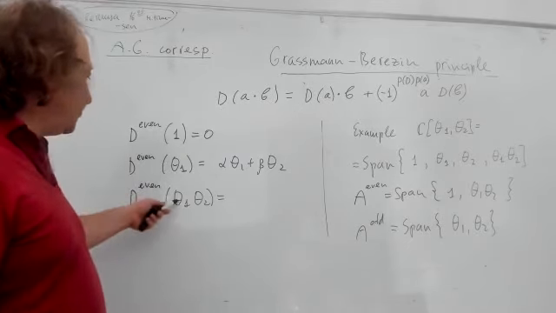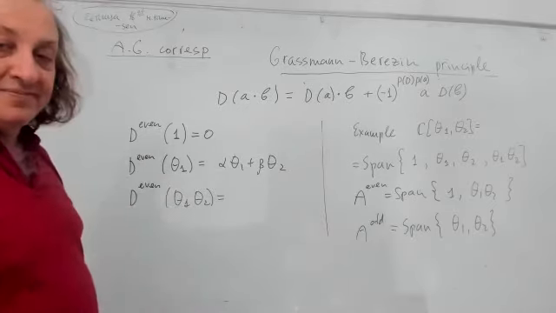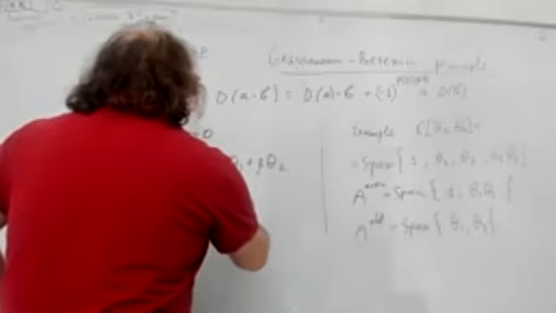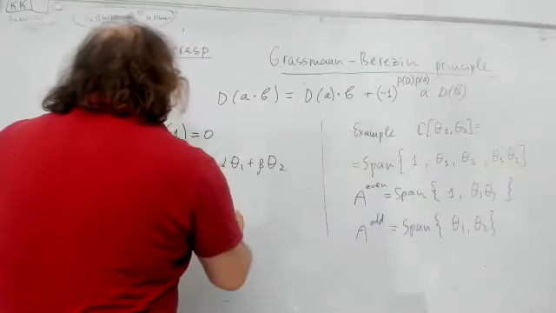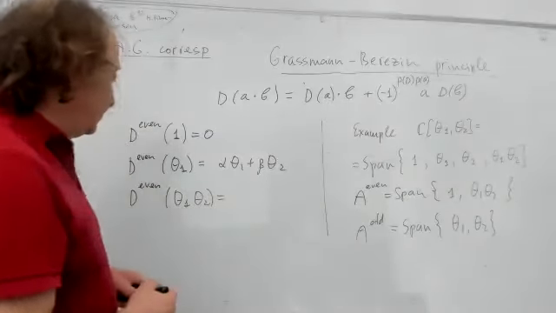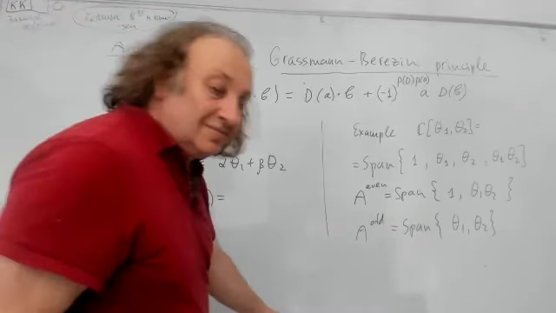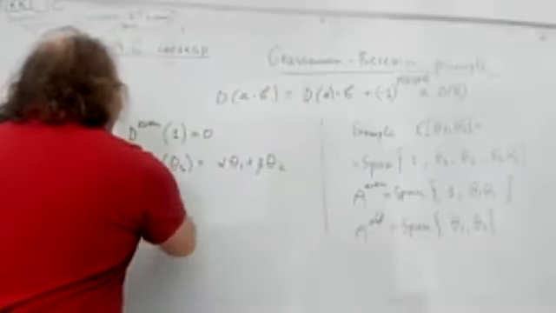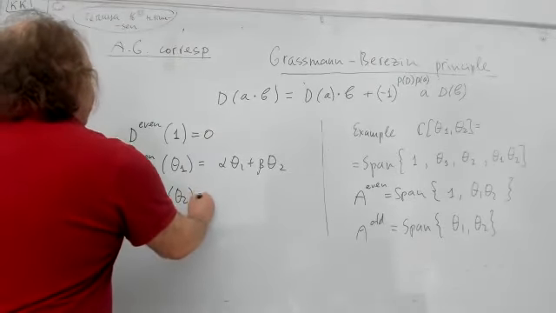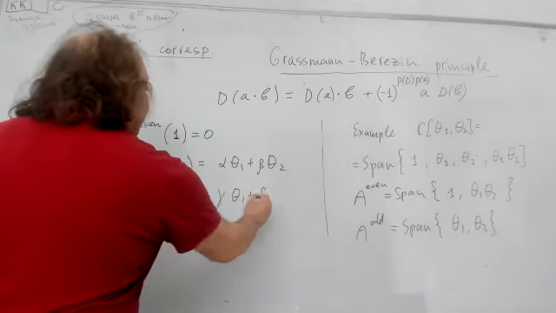So what would be D even of theta 1 theta 2, from this formula? Alpha theta 1 theta 2. The beta term is 0 and we cannot do it yet, because we have not described D even on theta 2. We should prescribe it. So D even on theta 2, let me call it gamma theta 1 plus delta theta 2.